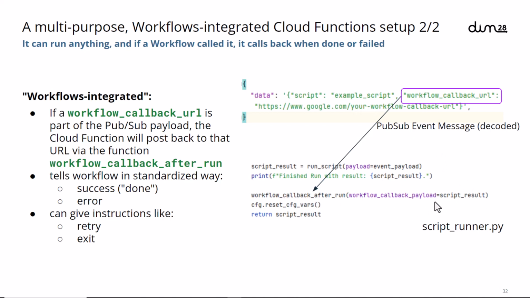In this payload, we can also add these instructions that I've talked about. We're going to look at how to formulate these instructions later, but this is basically how it works. This is workflows integrated. You can call the Cloud Function via a workflow, then it will call back to that workflow once it's done. And if not, then it just runs to its end and does nothing, as it would do if there were no workflows.